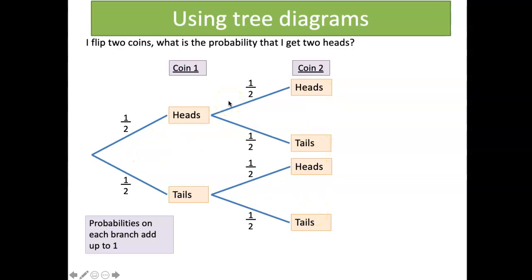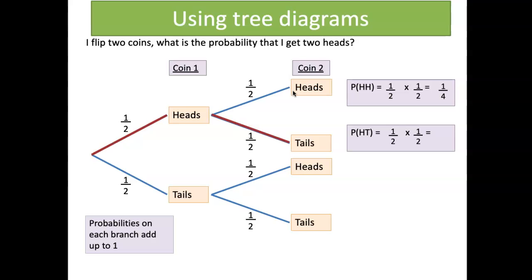Okay, so now we can read this sideways or horizontally. So I go head and head, then the probability of head and head is 1/2 times 1/2, which will give you 1/4. Then you can also go head and tails. The probability of head and tails is 1/2 multiplied by 1/2, which is 1/4.